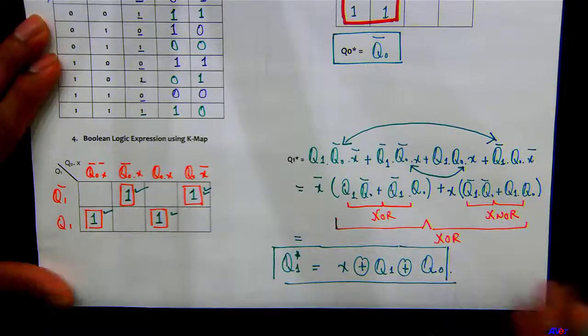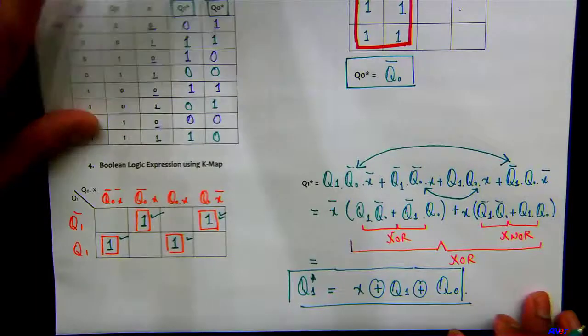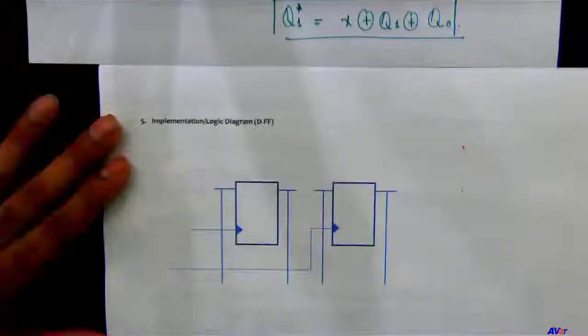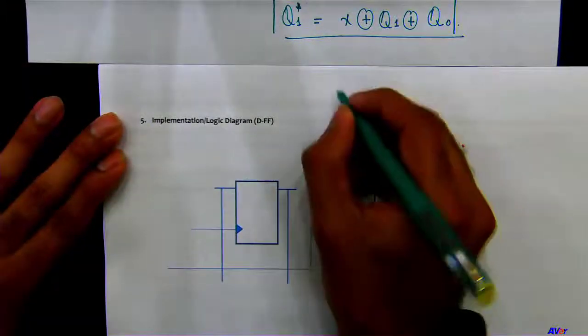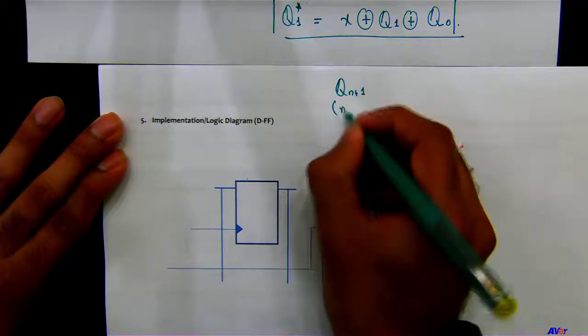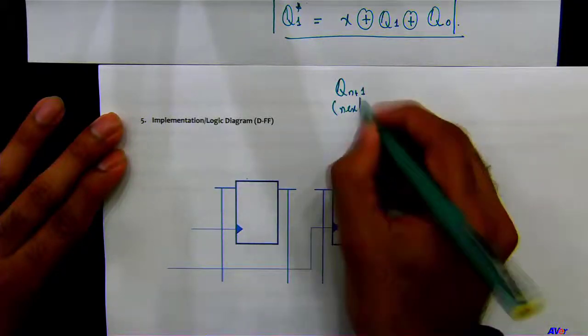Once we have these expressions, our next and the last step is to come up with a sequential circuit design. I'll put my equations right here. Okay, now you have to remember this. The next term for a D flip-flop is equivalent to what?